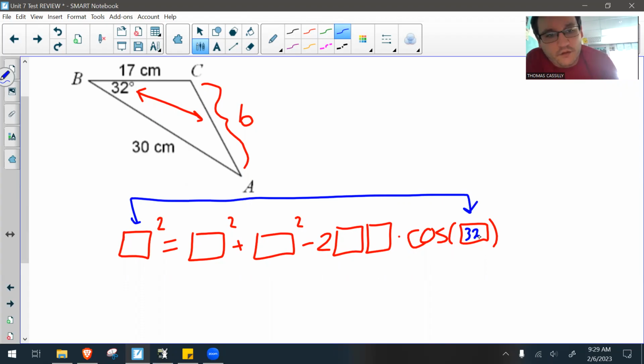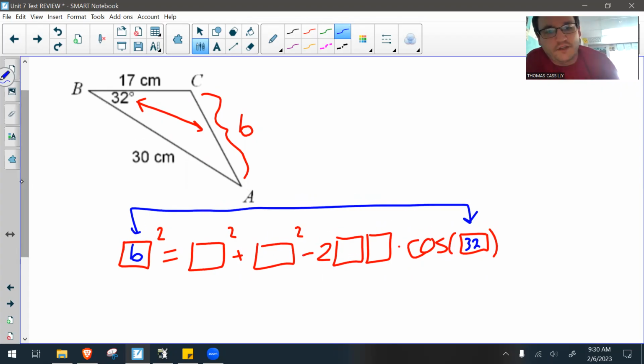So we're going to have b by itself. Now the other two things are just the other sides that we have. So we have 17, we have the 30. We're going to put that in both of these spots. And these numbers are being multiplied, so I should have put them in parentheses. All right, and there we have it.